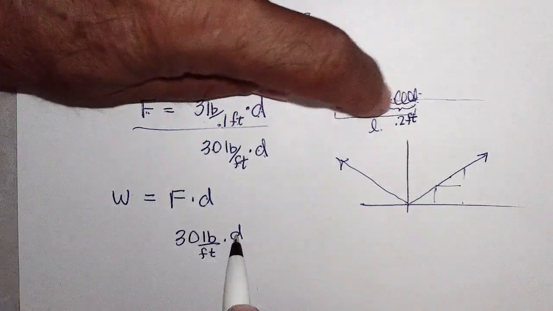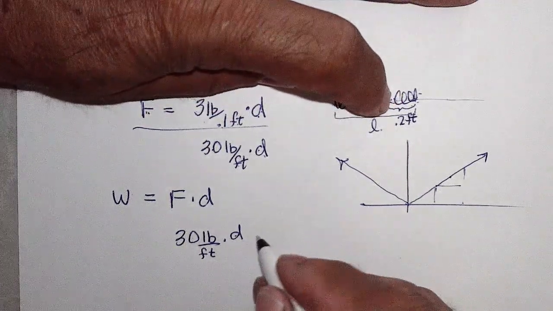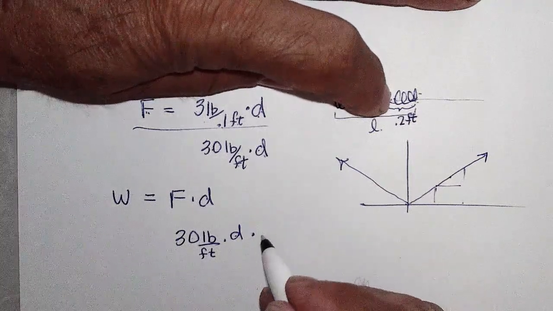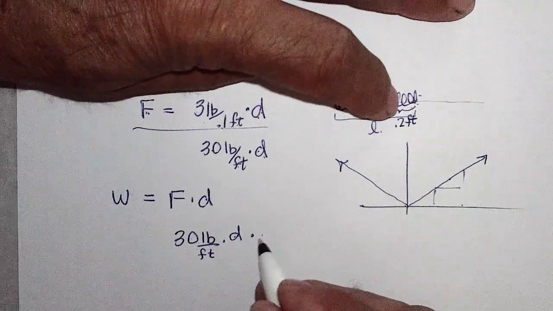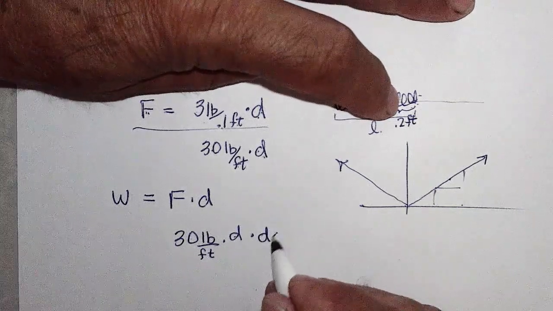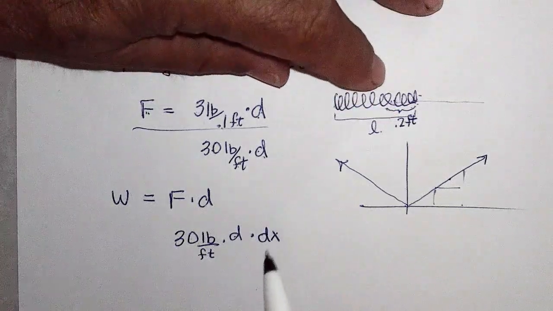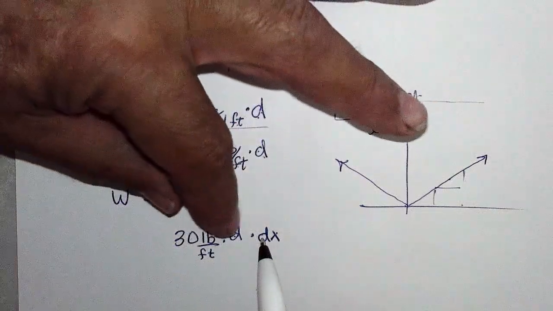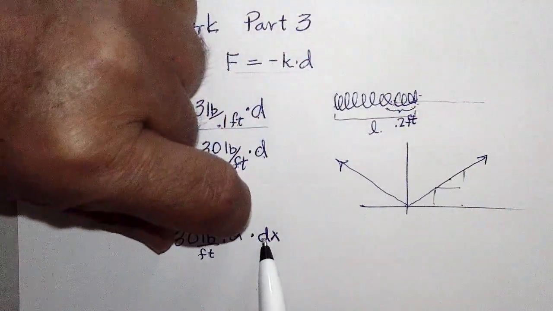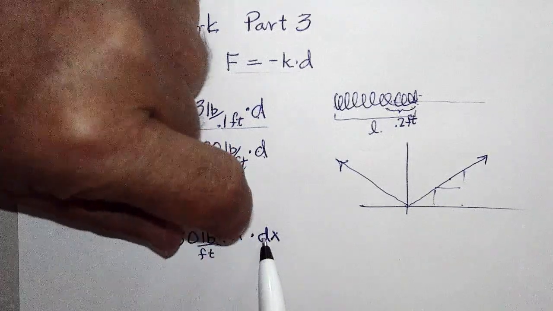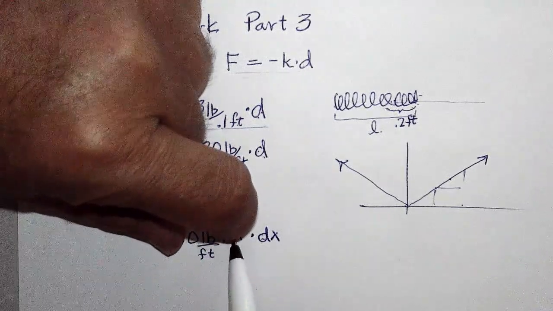That's the force. And then you're going to move it a small distance. So this is all linear, so let's just make that an x direction. We'll move it a small distance. And then if you move it a very tiny distance, the force changes because now the distance has changed.